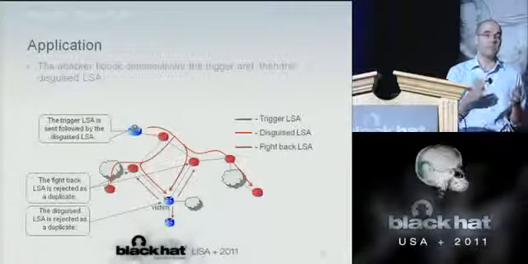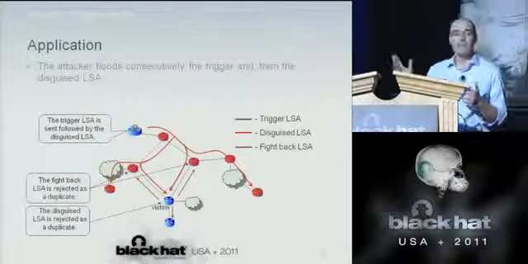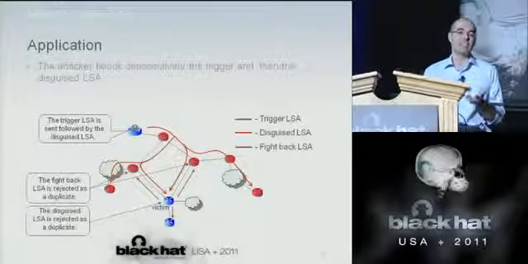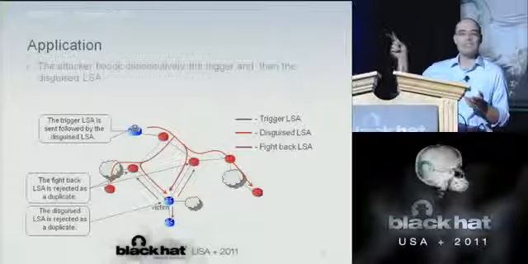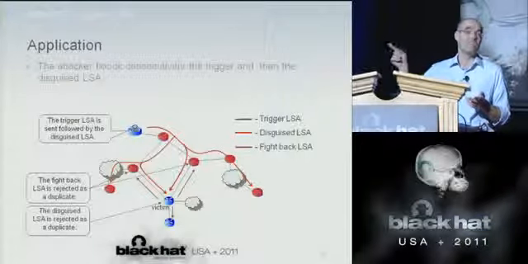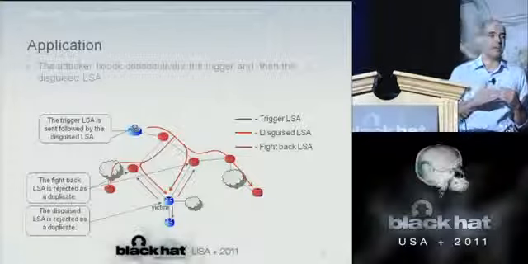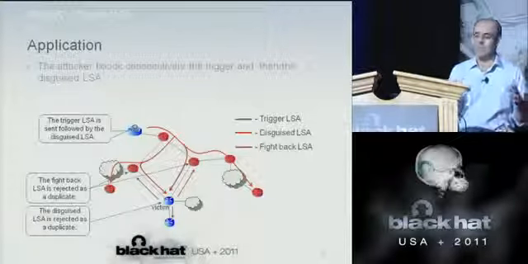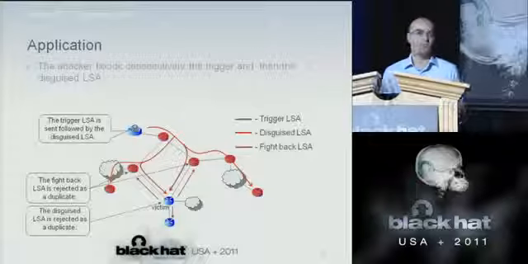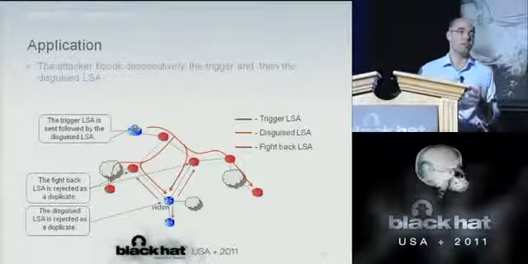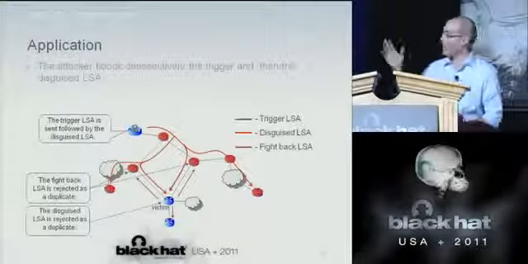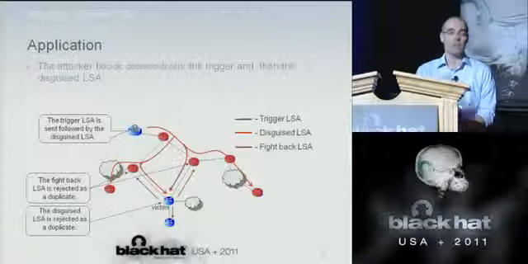Now, in this race, the attacker has the upper hand. The disguised LSA has the upper hand. Notice that the disguised LSA was triggered way before the fightback LSA, so it has a lot of time to propagate in the network before the fightback LSA is originated.